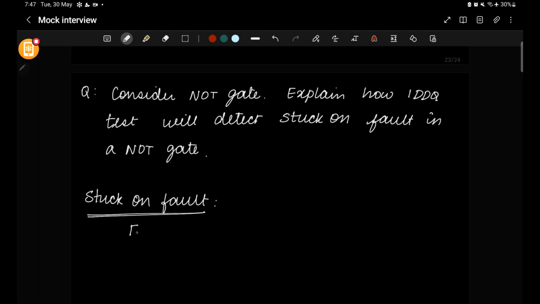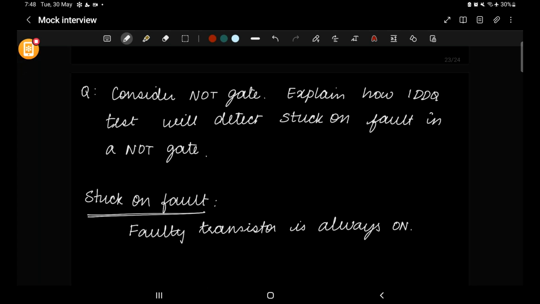Okay. So, stuck on means the faulty transistor is always on because it has some manufacturing defect. Just a minute, I'll paste a diagram.